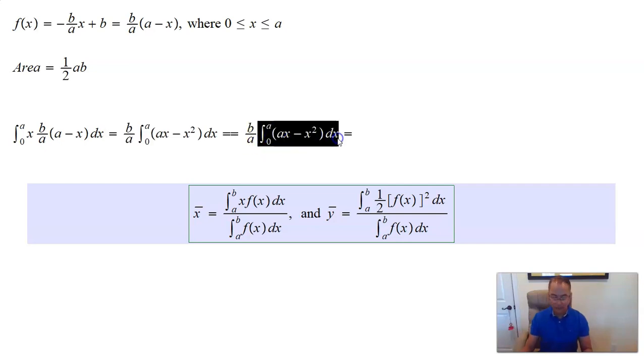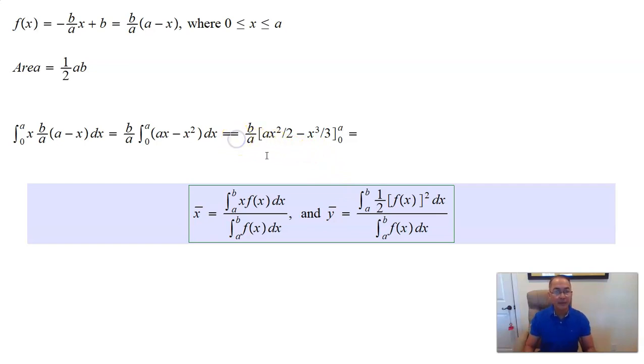So let's put that in brackets. Ax becomes ax squared over 2. And x squared becomes x cubed over 3. Integrated from 0 to a.